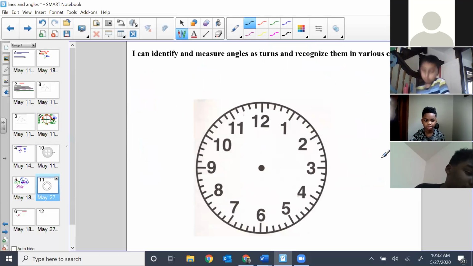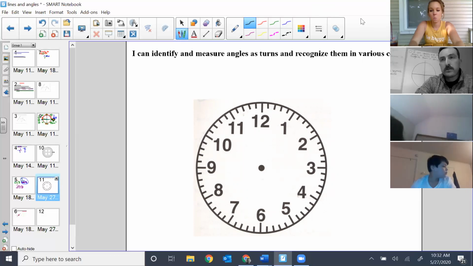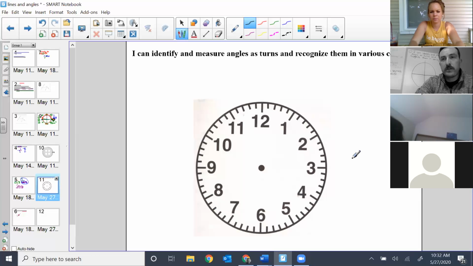So what is this a picture or a diagram of? What's up on the screen? It's a clock, right? It's a clock, only it doesn't have hands on it yet. What shape is this clock?